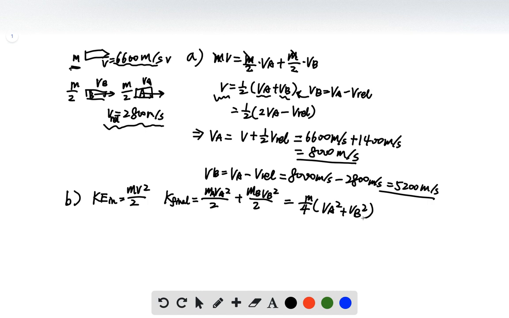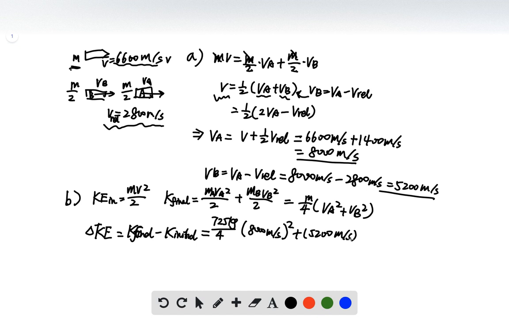So then we're just trying to find the change in kinetic energy, which is KE final minus KE initial. So that is, in kilograms, we have 8,000 meters per second squared, plus 5,200 meters per second, also squared.